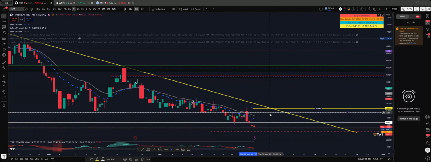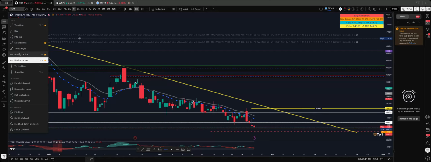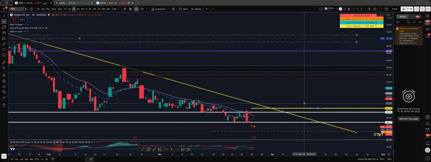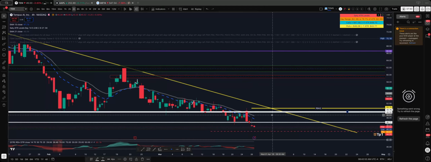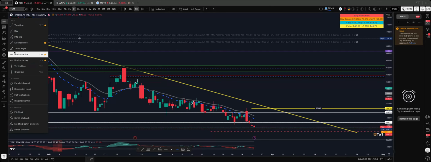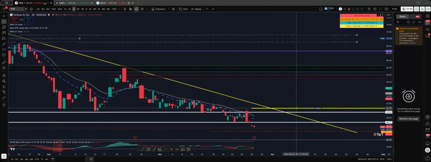So then we kind of have a level of, okay, I feel like if it passes this, I think it gets. This is my first take profit here, and I'll create a brand new one. I go to the horizontal line. That wasn't really good. Horizontal ray.